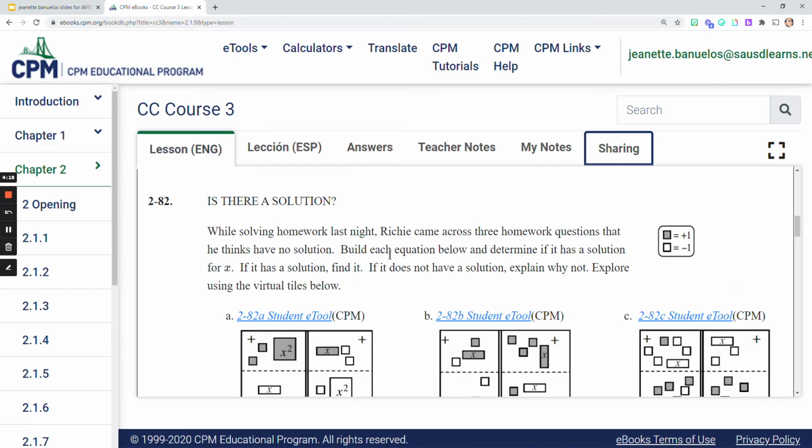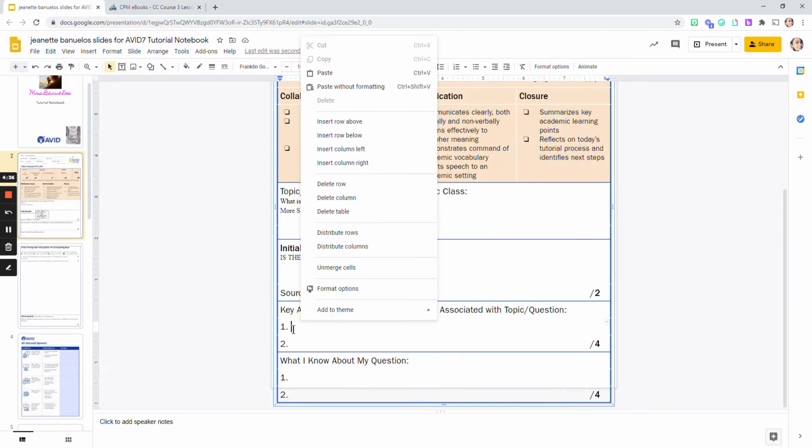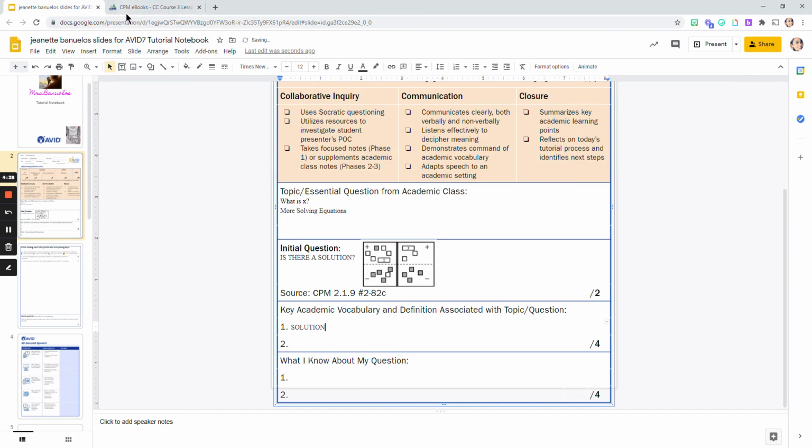I know that I'm solving equations, so equation is probably a good vocabulary word to use. And it's also asking me about a solution. So I'm going to use the vocabulary words equation and solution. Let me copy and paste that into this section of the TRF.